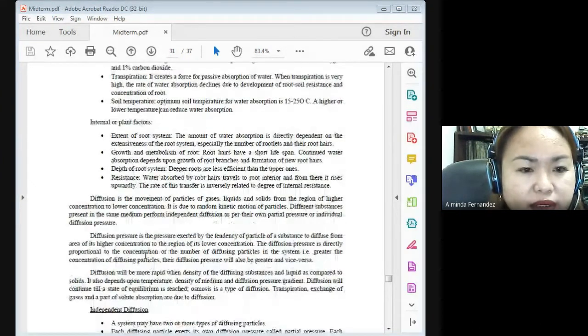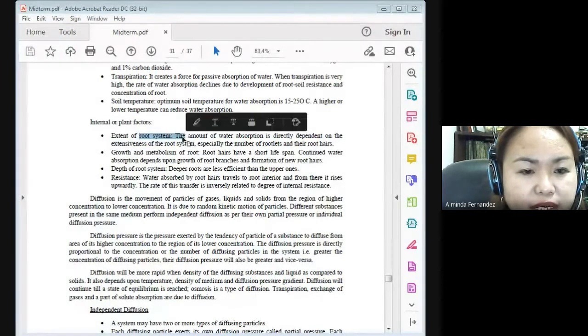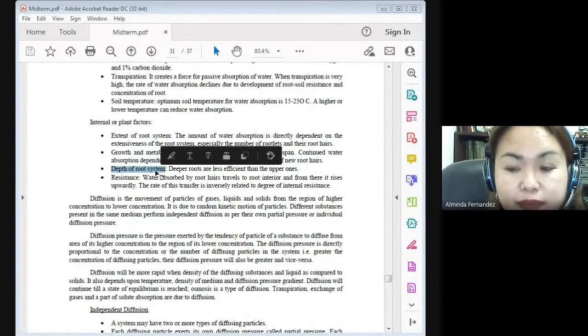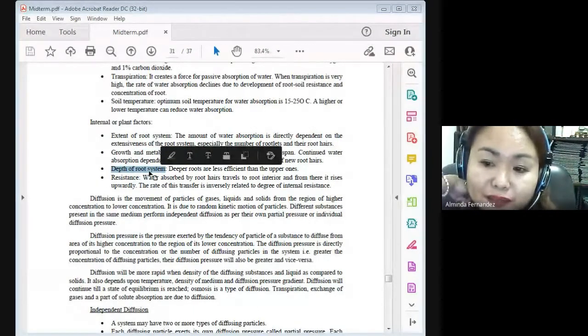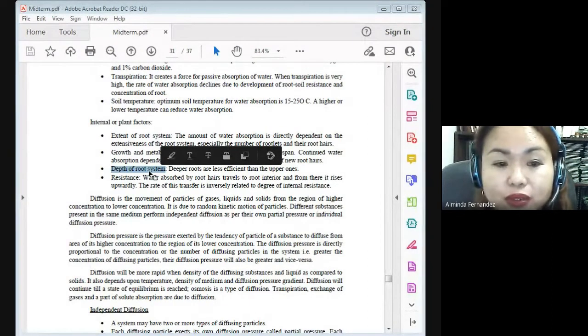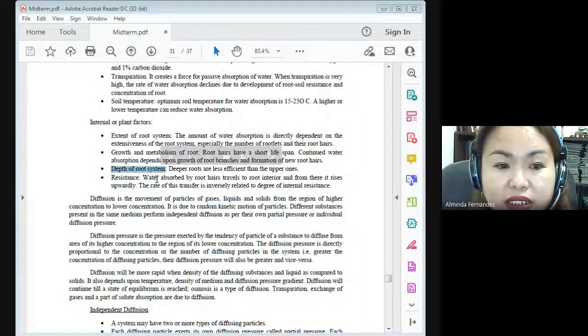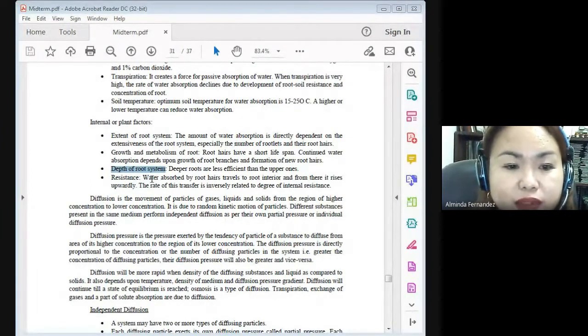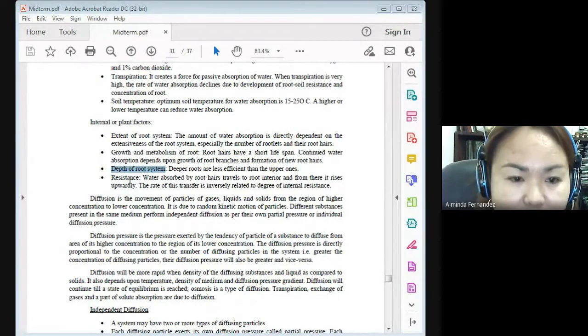Then there are internal plant factors such as the root system, growth and metabolism, and the depth of the root system. So if it's sandy soil and only a fibrous root, it cannot absorb much. And if it's clay soil and a taproot, it can still be enough, for absorption or resistance.